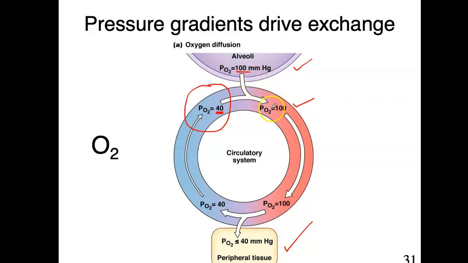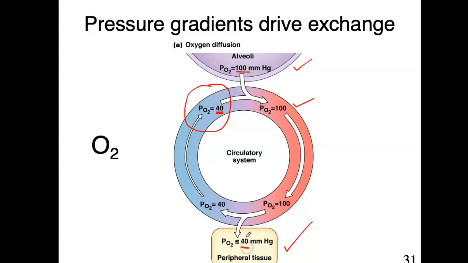If it's coming in as 100, it's going to be about equal, and then when it gets to the cell, it's going to unload a little bit, so it'll go down to 90. Unload a little bit more, it'll go down to 80, go down to 70, and how far will it go? Well, until the oxygen pressure in the cell is approximately equal. And what is that? It's around 40.